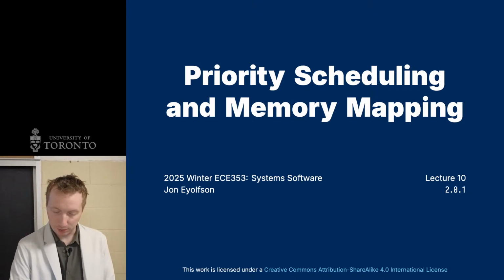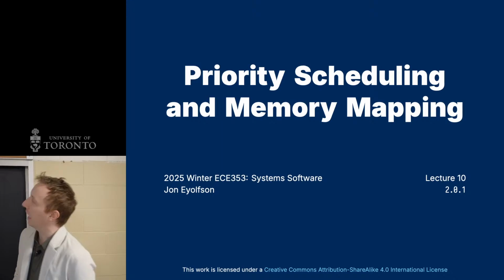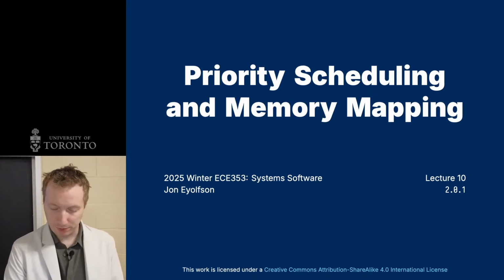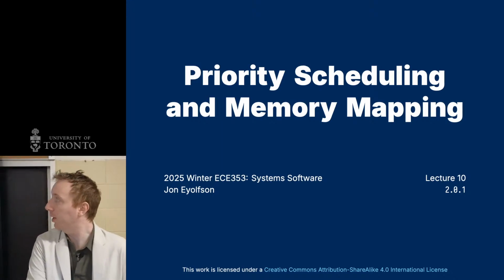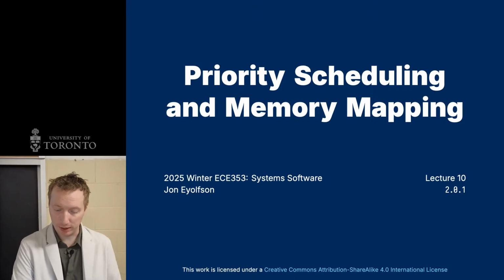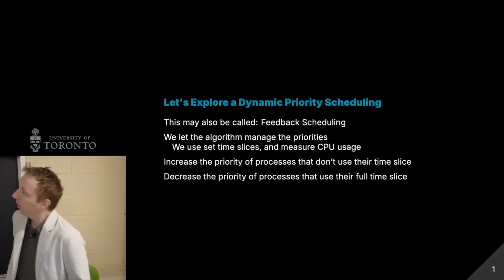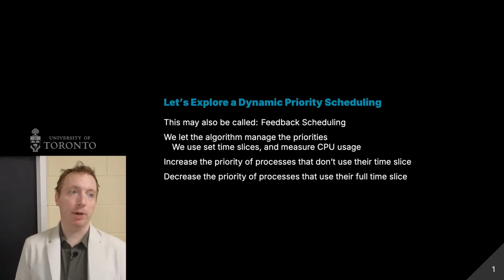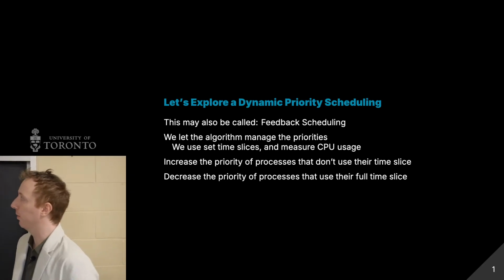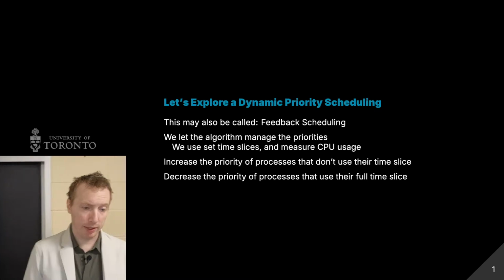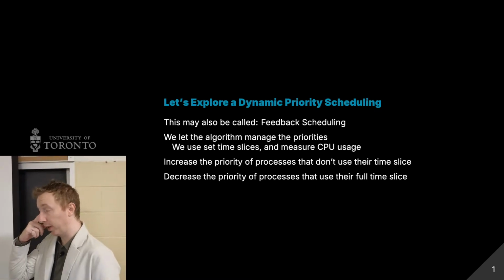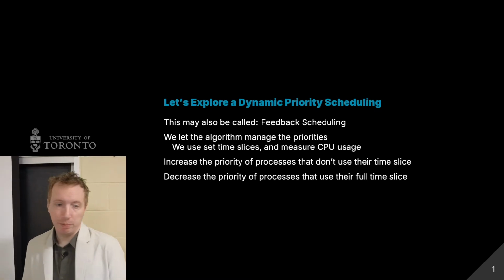Today will be more of a review-ish, kind of wrap up, see different types of scheduling, see what we can do with memory mapping now to make our lives easier. So we can explore some dynamic priority scheduling, otherwise called feedback scheduling, I believe in the textbook. For this, we let the algorithm manage priorities.